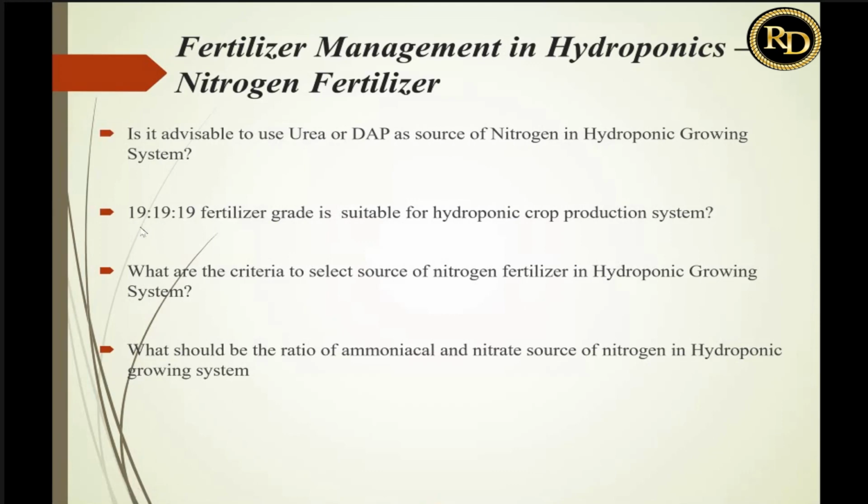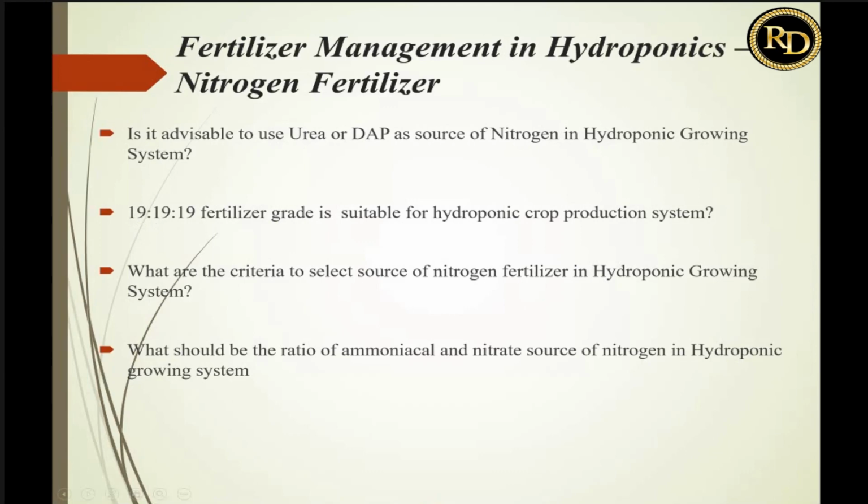Okay. So even if we talk about some of the basics, what we are talking about, the fertilizer management, as I mentioned, 19:19:19, which is one of the most used water soluble fertilizers, is not fit for hydroponic crop production. Why? In 19:19:19 NPK, the source of nitrogen is a combination of two.